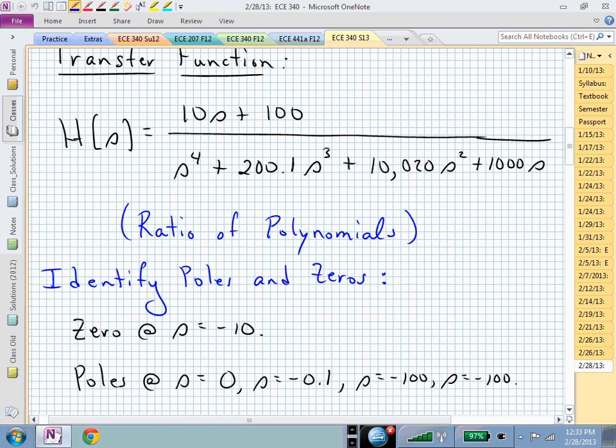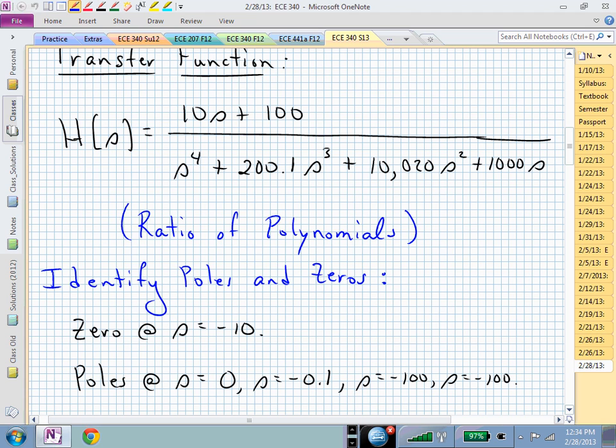If you simply see that you don't have a constant term, you can factor one of those s's immediately out, and now you have a cubic, and you could find the roots of that cubic. If you do that, you will end up finding out that you have 3 more poles, one at -0.1 and 2 on top of each other at -100.